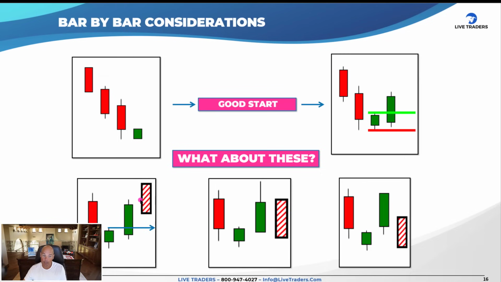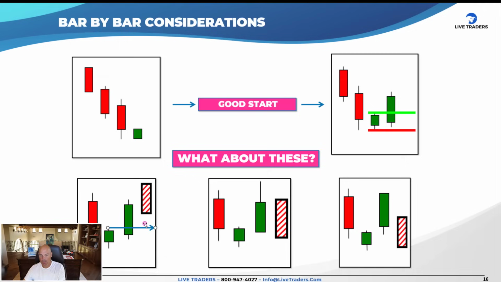It's certainly concerning, right? I don't want to see this. But at the same time, it's not a huge level and depth of retracement into the prior day's bar. So for me, I'm not happy about it. To be clear, I'm not happy about it.